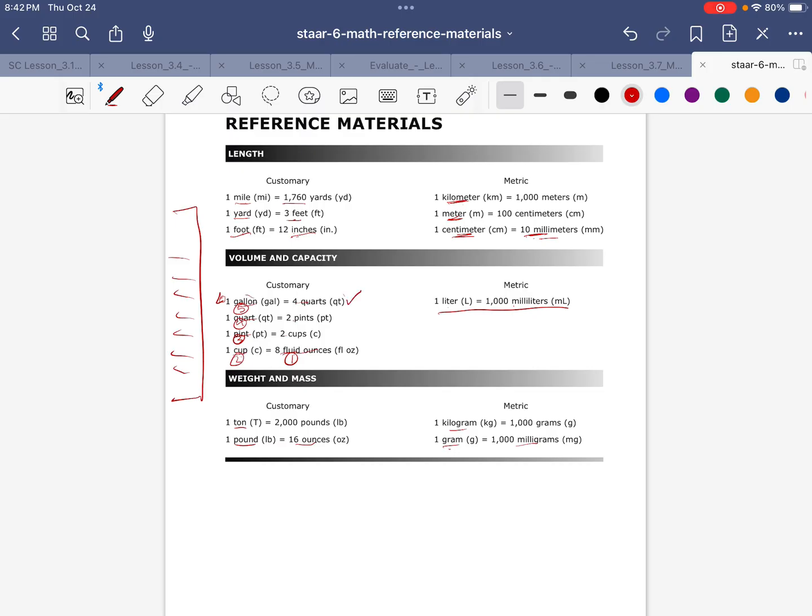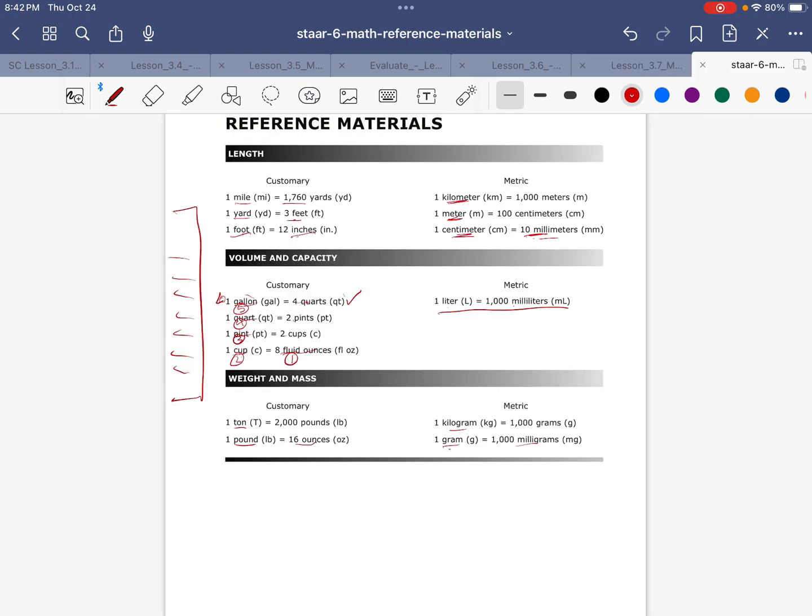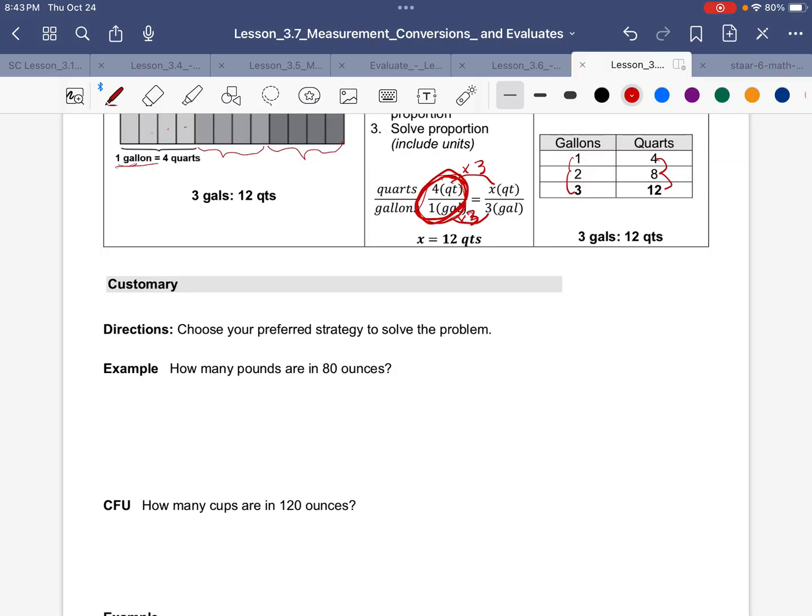So now we're looking at pounds and ounces. Here it is, right here. 1 pound is equal to 16 ounces. So we can do that. 16 ounces is equal to 1 pound. LB is the abbreviation for pound. And they want to know 80 ounces. And you don't know the pounds. So how many pounds? See, they said how many pounds. So we don't know that.